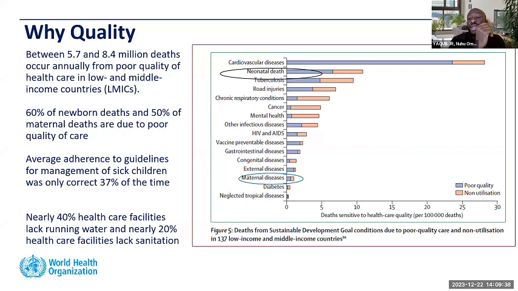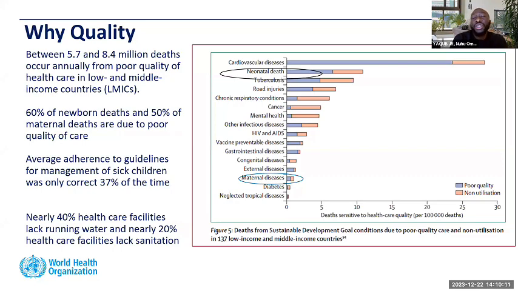For maternal and newborn health, this is even more crucial because data from the Lancet report in 2018 show that up to 60% of newborn deaths are caused by poor quality of care, and also up to 50% of maternal deaths. For children, when we have looked at samples and surveys about quality of care, only about 40% or even less is adherence to guidelines.